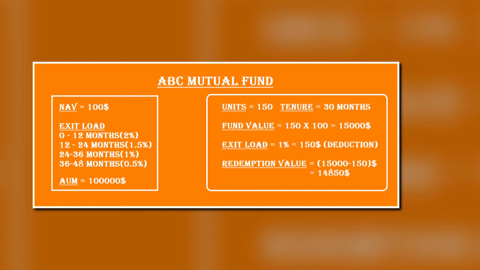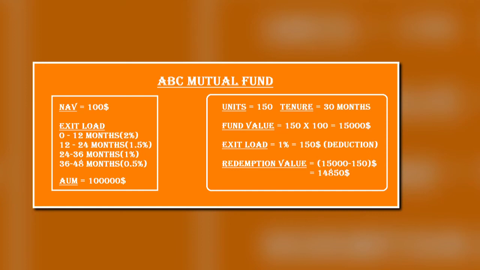Now, let's consider, 30 months ago, you purchased 150 units of the mutual fund, at the NAV prevailing at that time. So now, when you withdraw your 150 units, it will be done at the current NAV, which is $100.